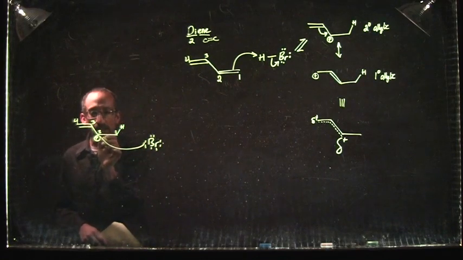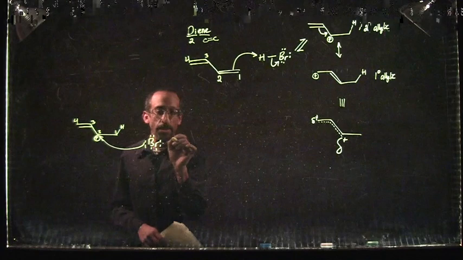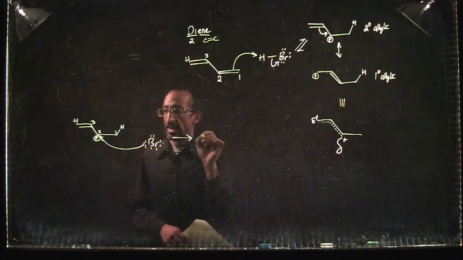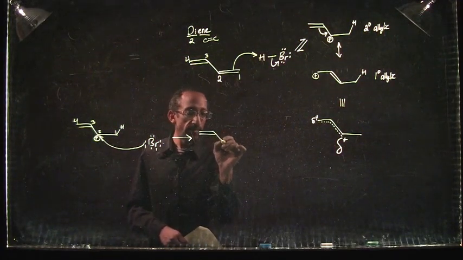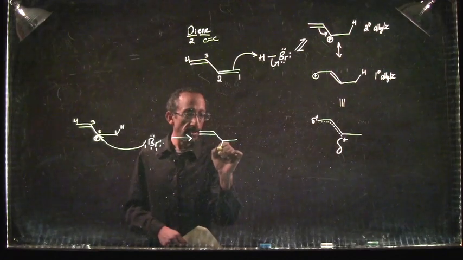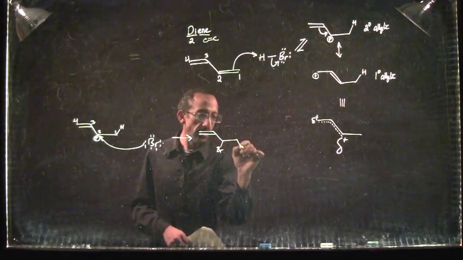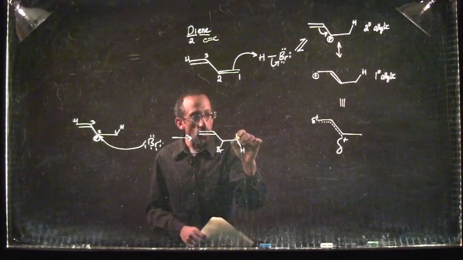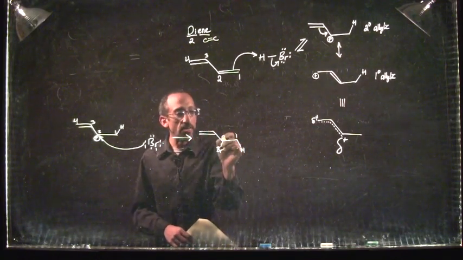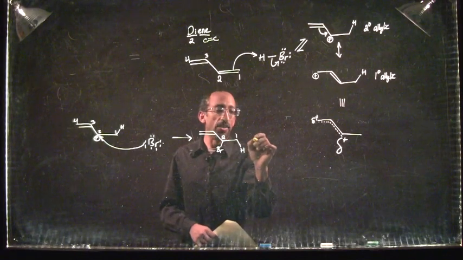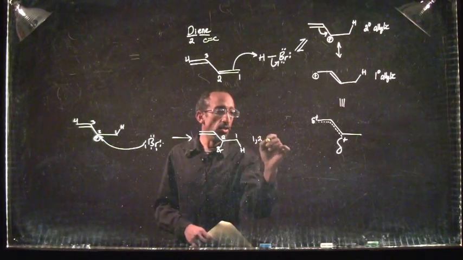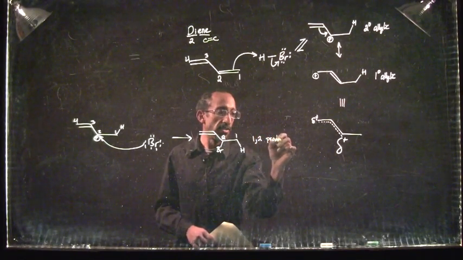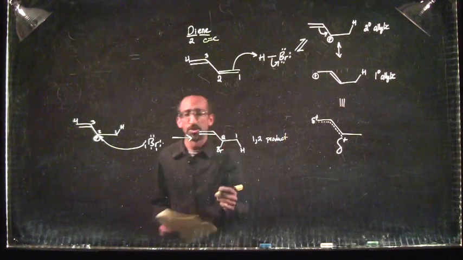And that nucleophile can add to carbon 2 to give this product where we have added hydrogen to carbon 1, we have added bromine to carbon 2, and we formally call this the 1,2 product, or the 1,2 addition product.